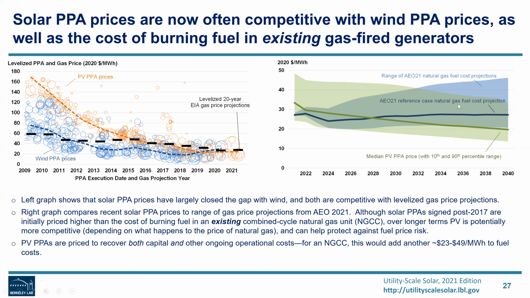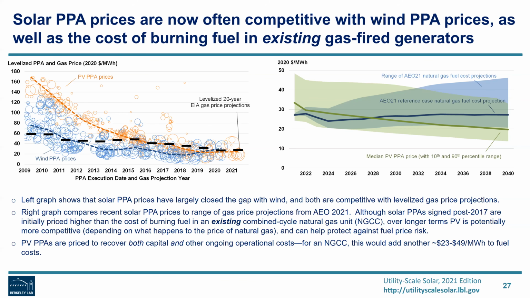The graph on the right shows a similar story, but in a different way. So here we're not looking at levelized PPA prices, but instead we're looking at what the prices will be going out over time from a sample of recent contracts. And those are shown in green, whereas the blue shows the most recent gas price forecast from the Energy Information Administration.